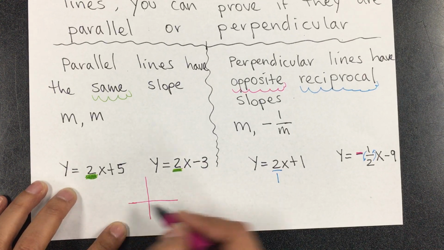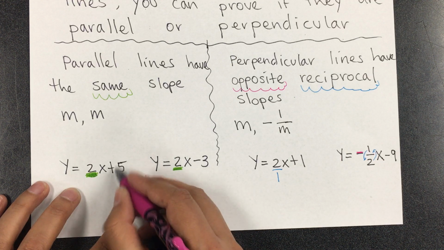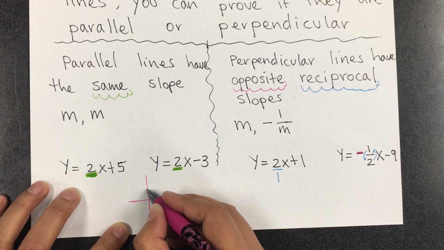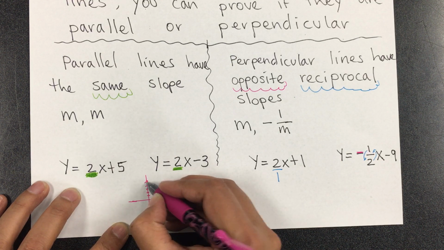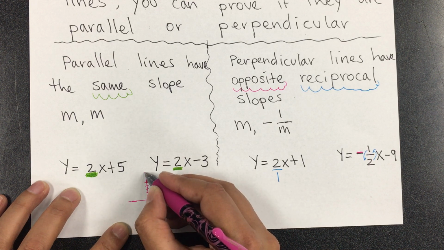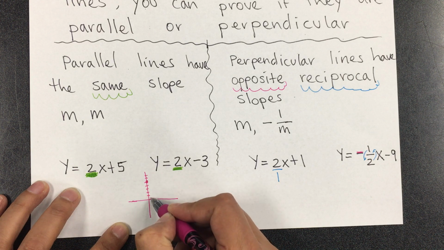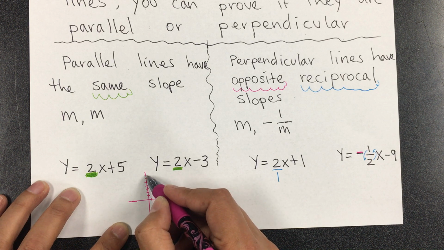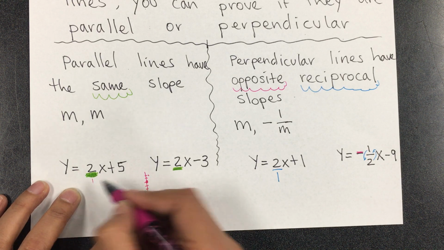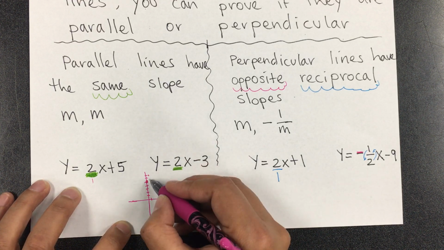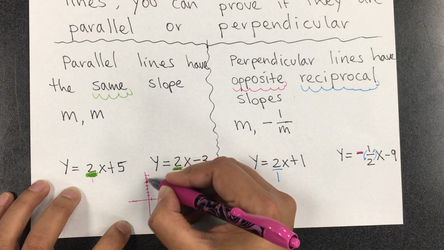This is not the point of the lesson, but so this is 5. 1, 2, 3, 4, 5. That's my initial point. And then it says that the slope is rise 2 and then run 1. So rise 2, run 1. If there is nothing, you just put it over 1. Okay, so that's my line that goes somewhat like that.